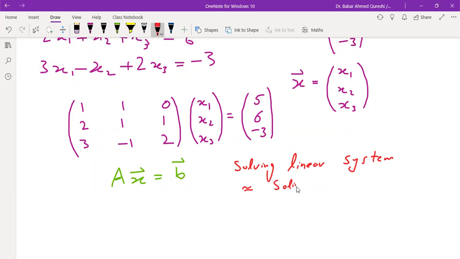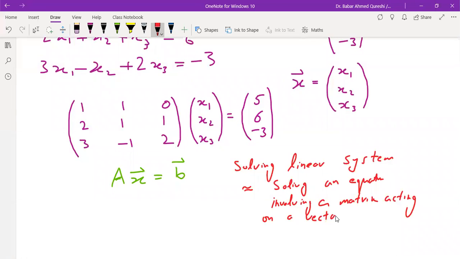solving an equation involving a matrix acting on a vector. So it's just a compact way of writing.